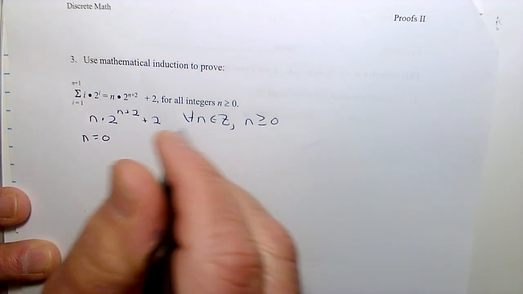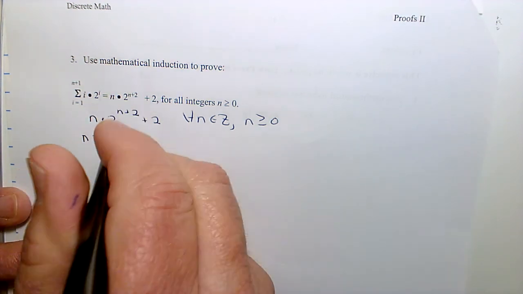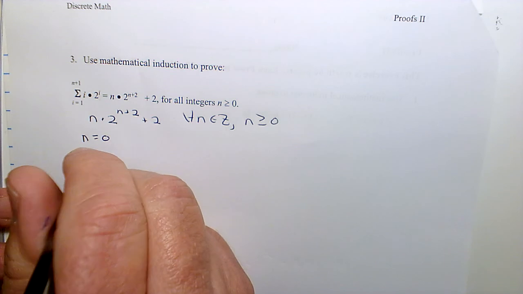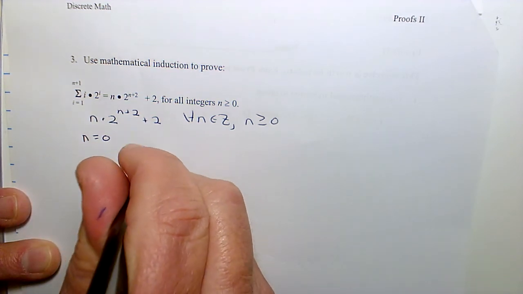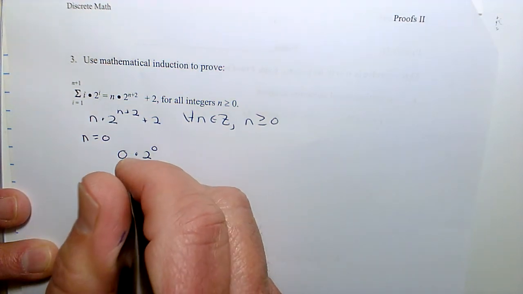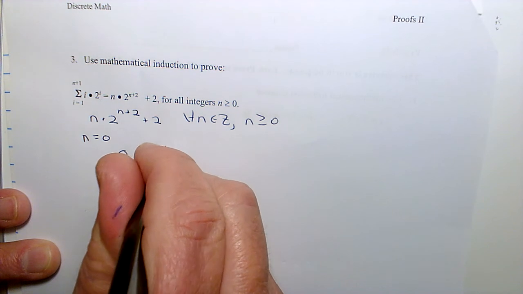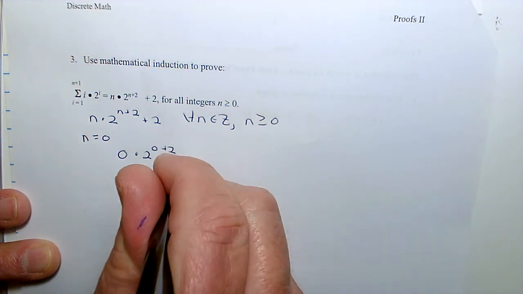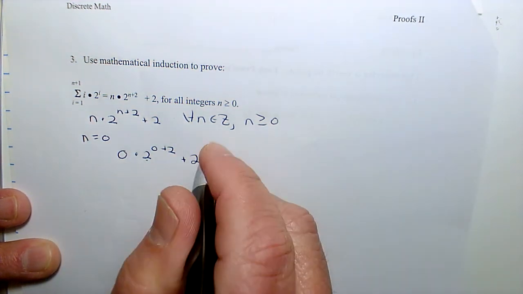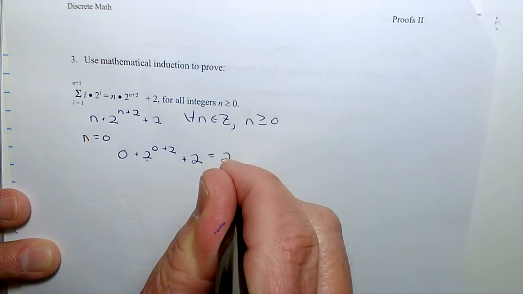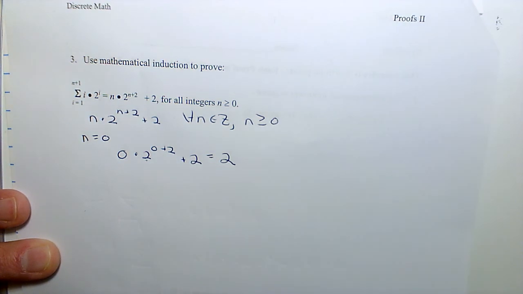The first case here is when n is equal to 0. When n is equal to 0, what do you have? 0 times 2 to the 0 plus 2 for the exponent, plus an additional 2. Well, 0 times anything is 0, so this thing simplifies to 2.